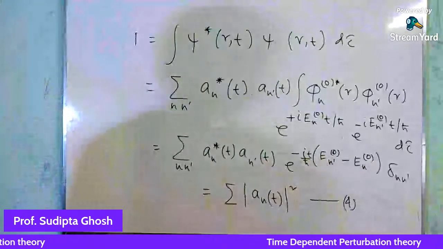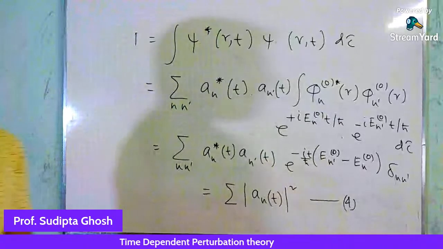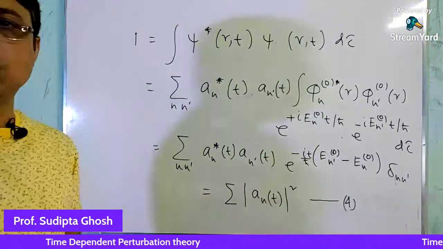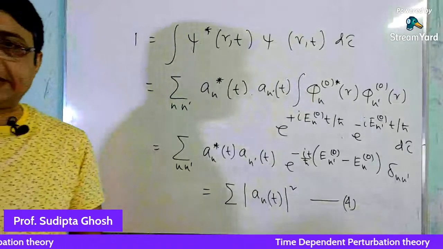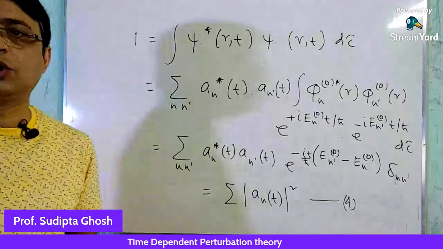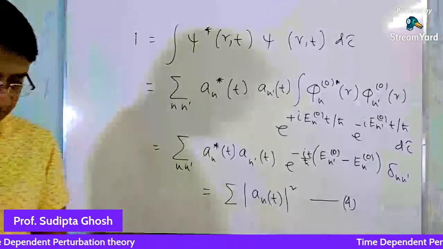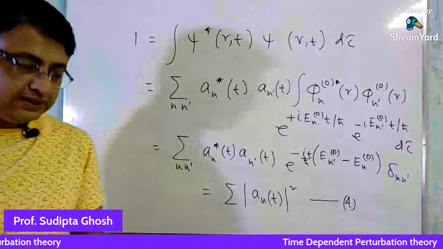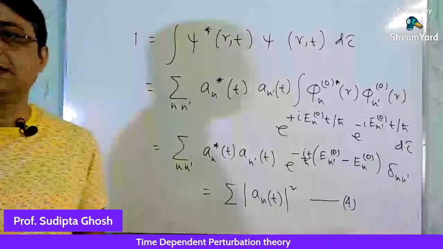This is the value, where mod of a n t square can be interpreted as the probability of finding the system in the nth state at time t.